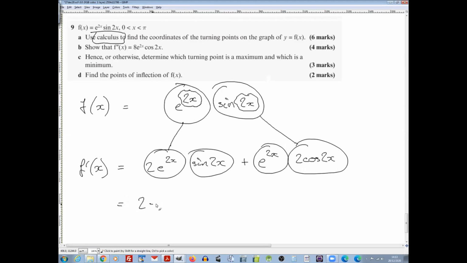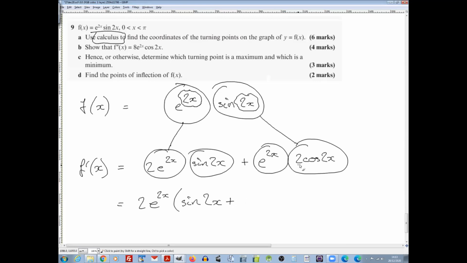We could bring 2e to the 2x outside and simplify inside, couldn't we? Yep. Sine 2x plus a half.